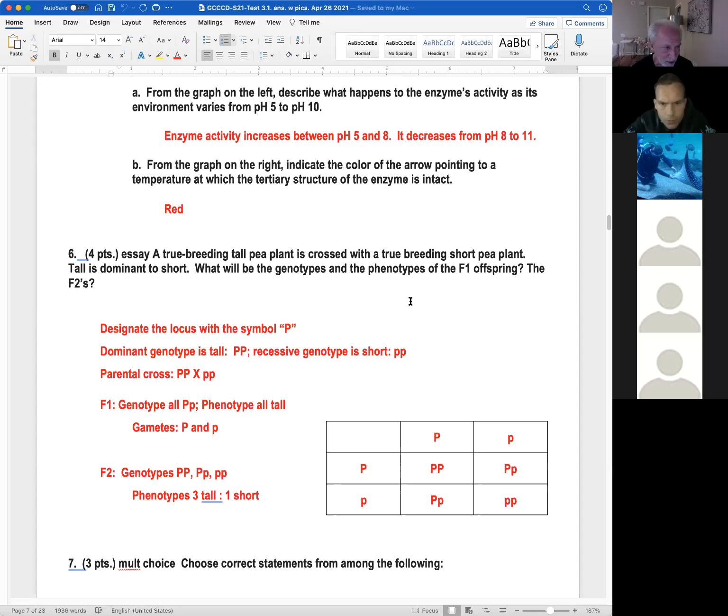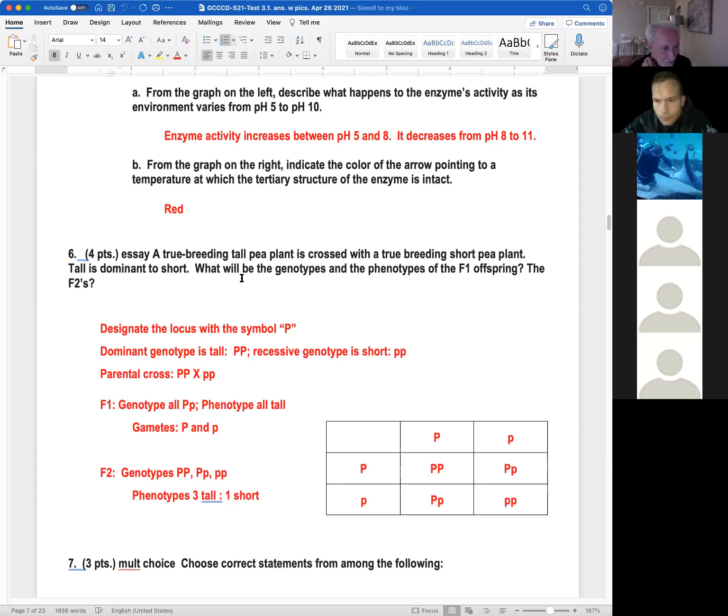The other thing you have to do with a problem like this, there's no symbol given for the locus you're talking about. So I've arbitrarily assigned a letter P as a symbol for tall. And the question says tall is dominant to short, which means that short is recessive.